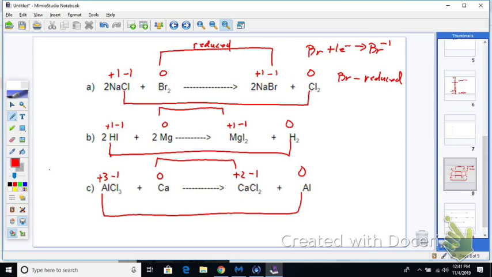Cl is going from a -1 to 0. So this is what's happened to Cl. Cl is going from a -1, and then over here it's becoming Cl plus 1 electron. It's giving up its electron. So Cl is oxidized.